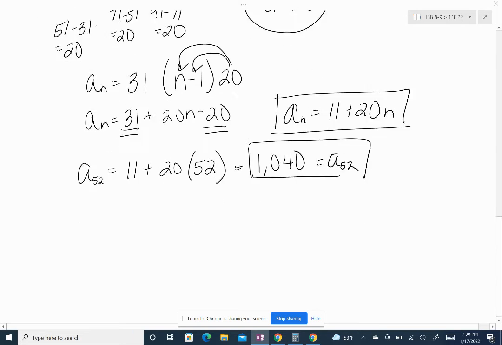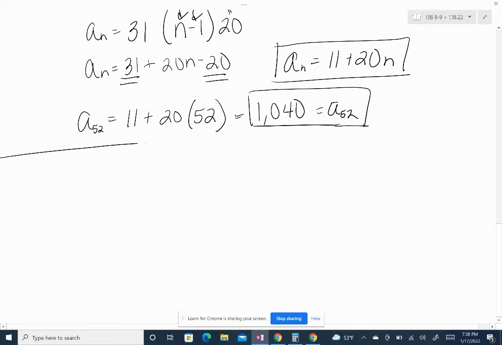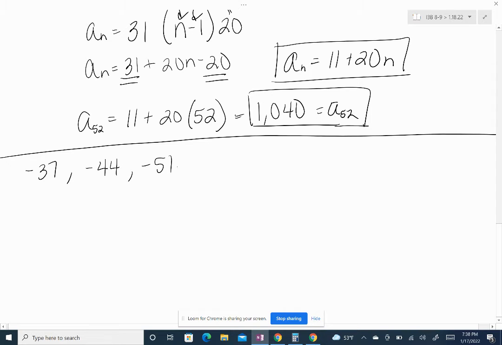Okay, let's look at another one. Negative 37, negative 44, negative 51, negative 58. So same thing as before, it would be negative 44 minus negative 37.